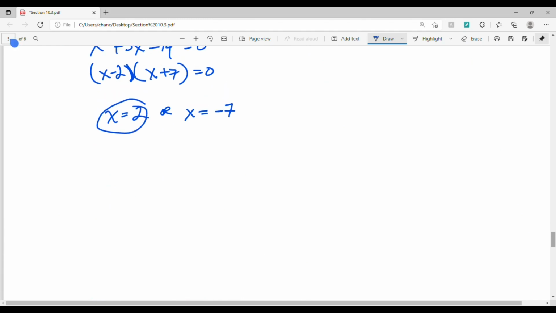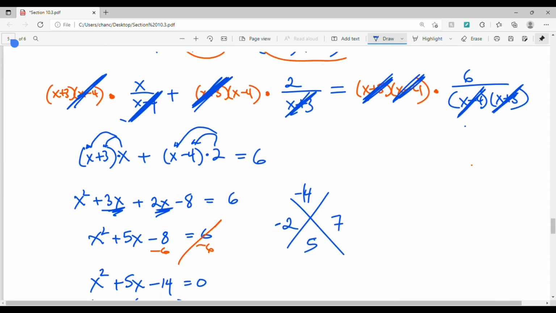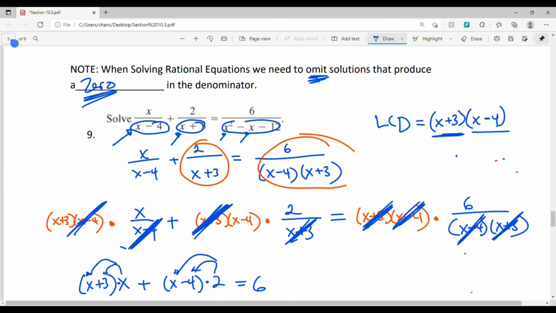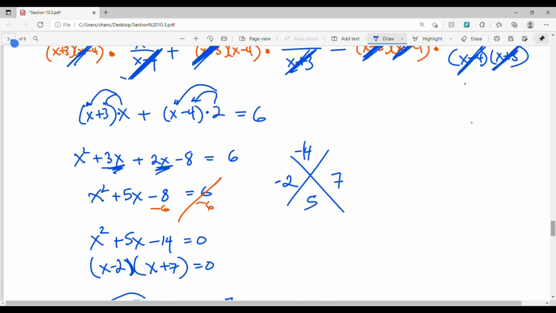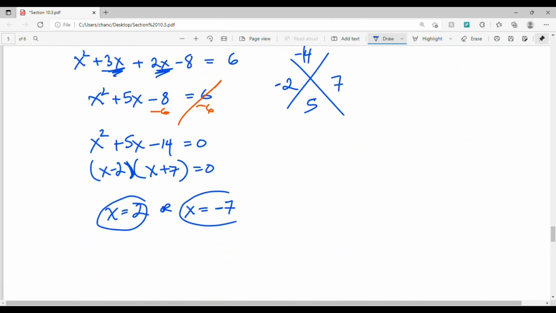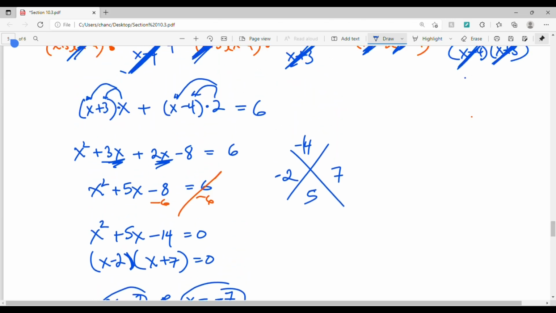And same thing for negative 7. If you were to plug in a negative 7 into the x here for the denominators, you would not get a 0 on the bottom. You would also have a good solution. So x equals 2 and x equals negative 7 are both good solutions. What would not work? Well, think about it.